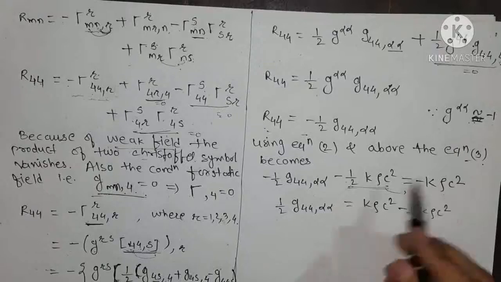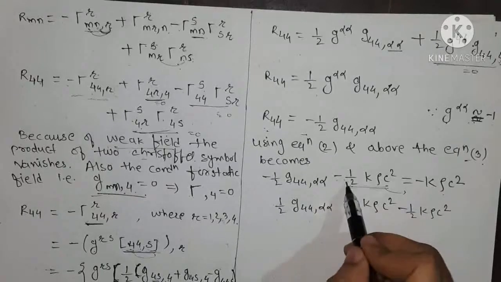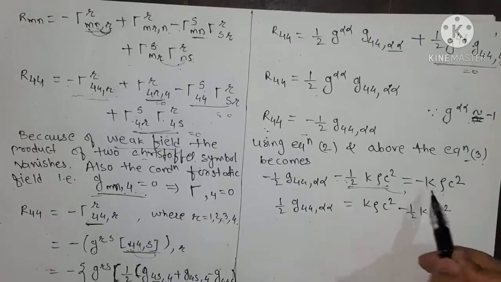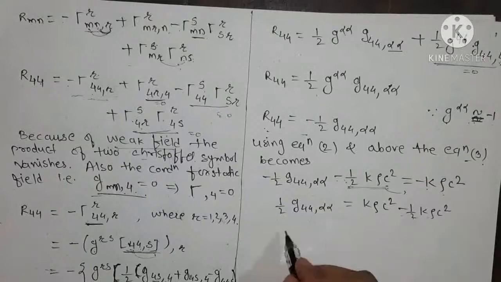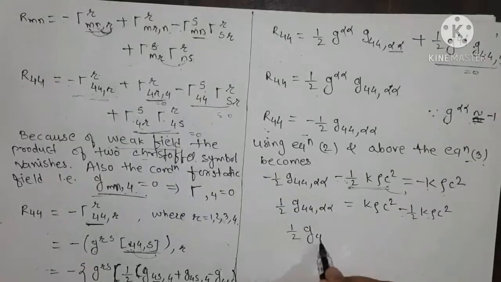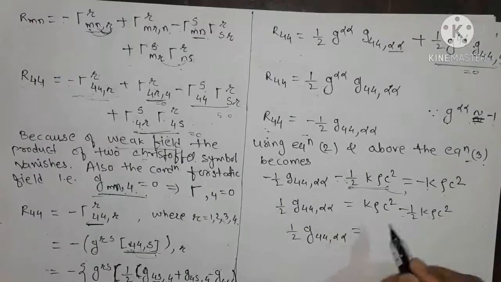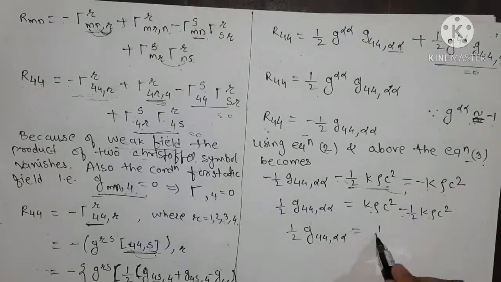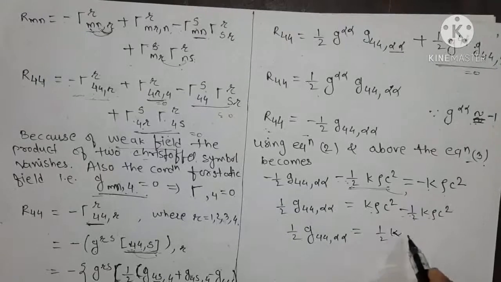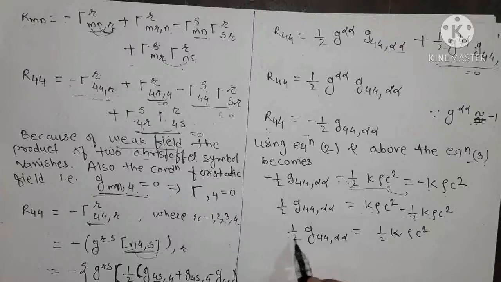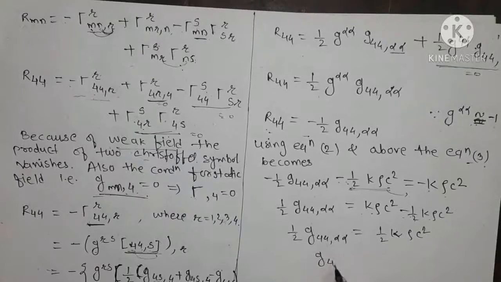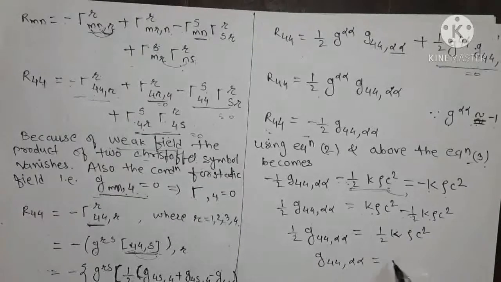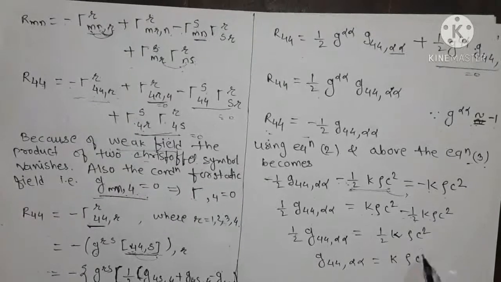When we multiply, it changes to plus sign, and when we shift to this side, it is minus half k rho c squared. This equals g_{44,alpha alpha} equals k rho c squared minus half, so this is equal to half kappa rho c squared, and the half gets cancelled, so g_{44,alpha alpha} equals k times rho c squared.